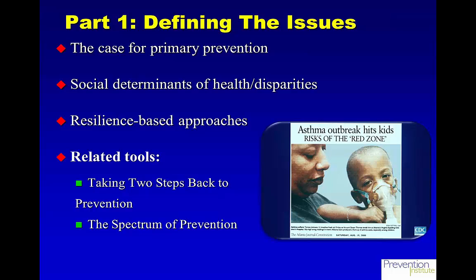And because there's always so much of an emphasis in health on deficits and problems, we made the decision early on that we would incorporate all that, but really do more of a focus on resilience-based approaches. So I think what we want to do is talk a little bit about a couple of tools that emphasize that, both of which have Prevention Institute at their origin: Taking 2 Steps to Prevention, and then we'll talk a little bit about the Spectrum of Prevention.